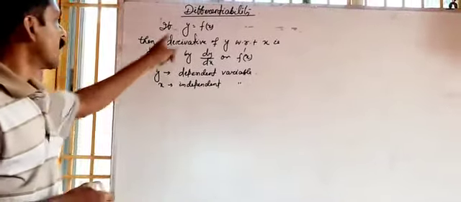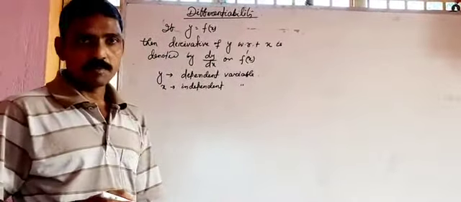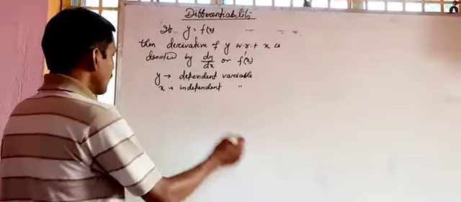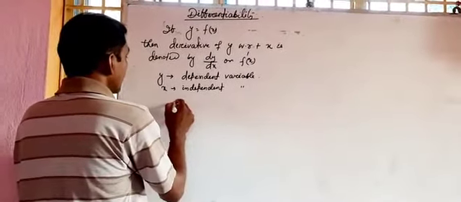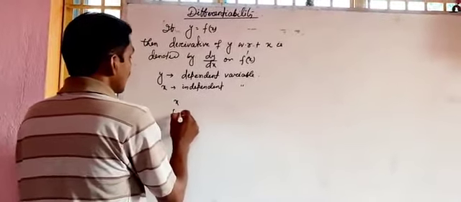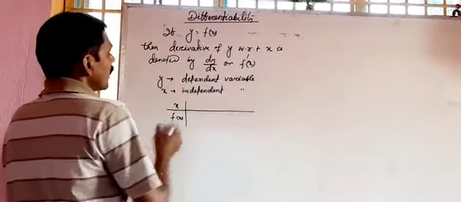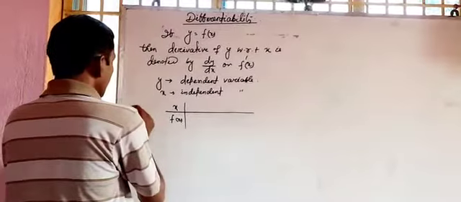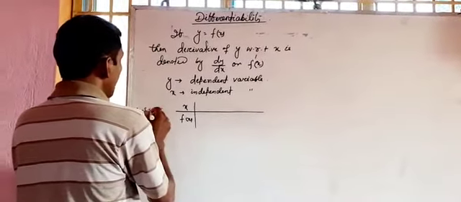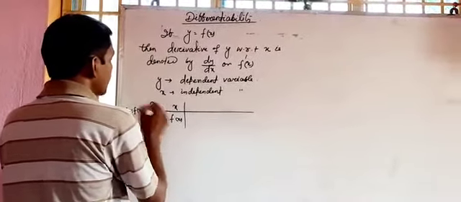Why? Because y depends upon x. Suppose here y equal to f of x equal to x squared.